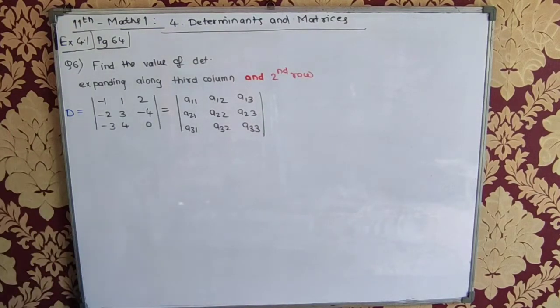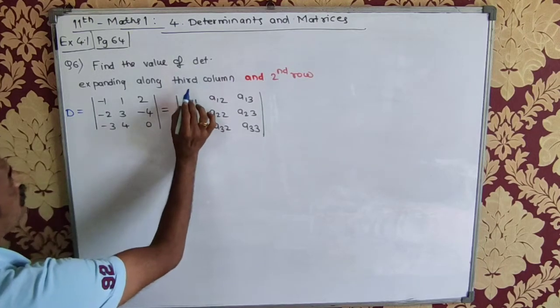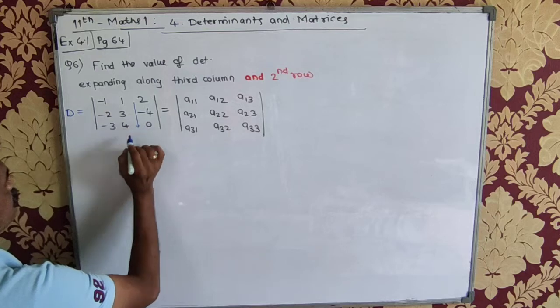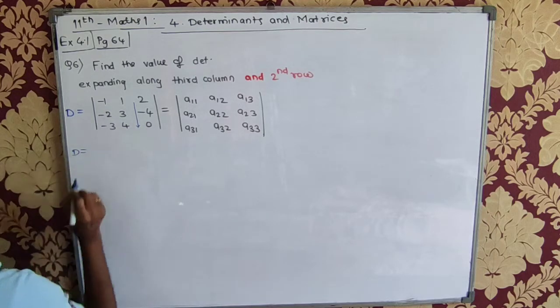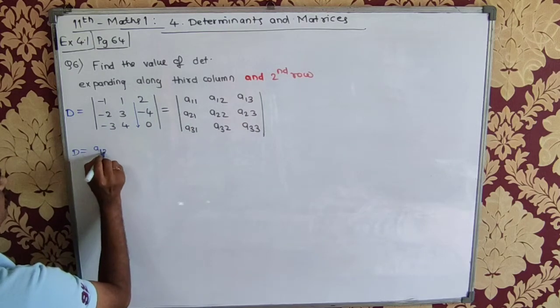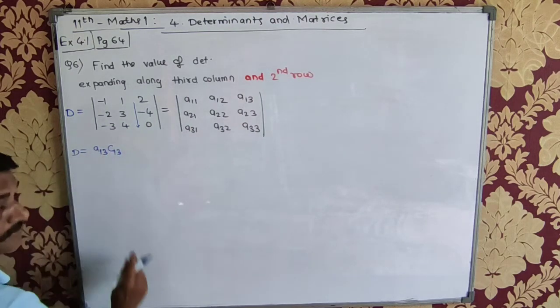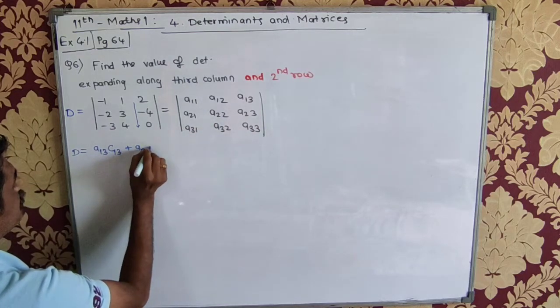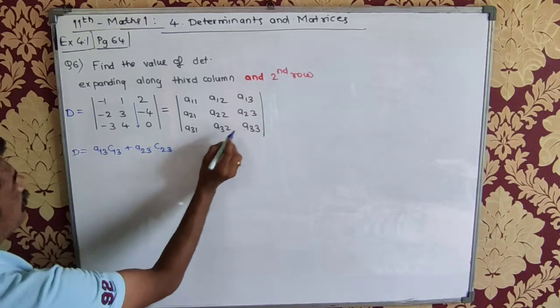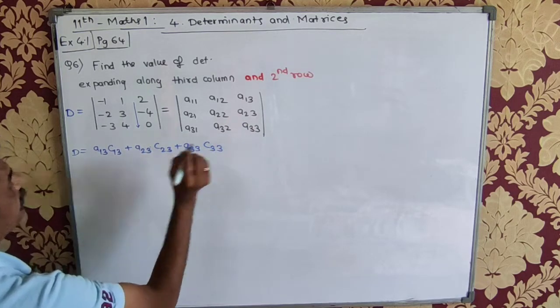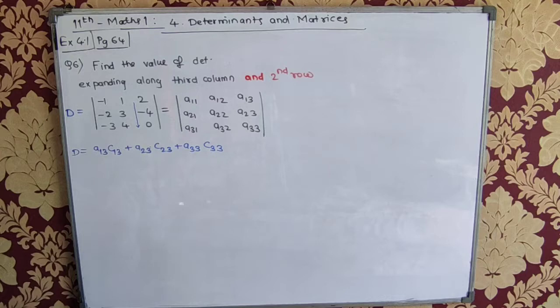If I am expanding this determinant along the third column, मतलब this, then D is equal to A13 C13, A23 C23 plus A33 and C33. This is the formula.